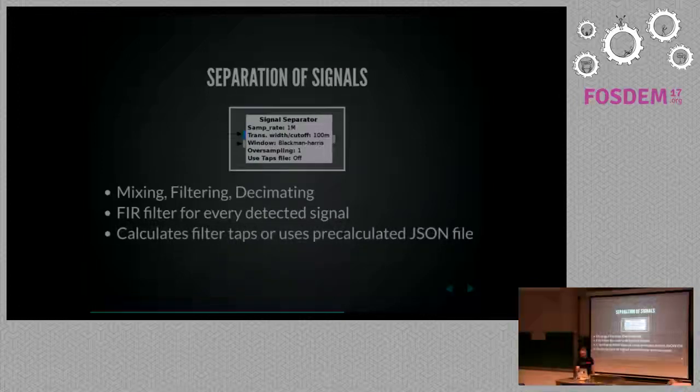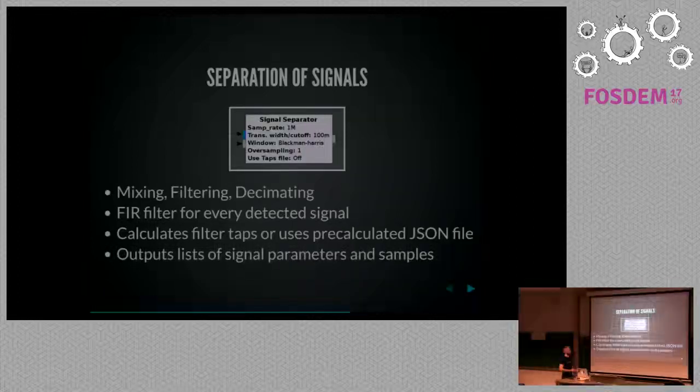The output is a bit complex here. As you see, it's again a message port. And its format is, first off, a header that contains the signal information like signal number, center frequency and bandwidth, and then what follows are the complex samples of the signal.